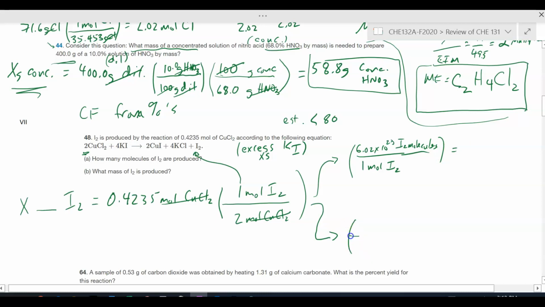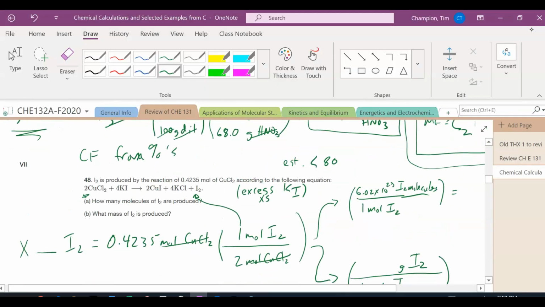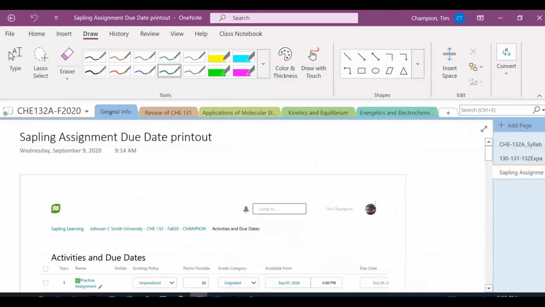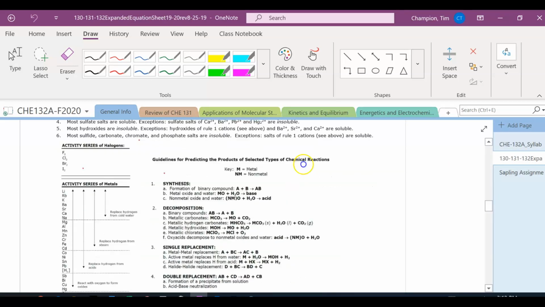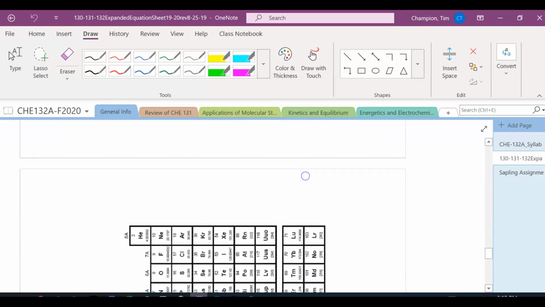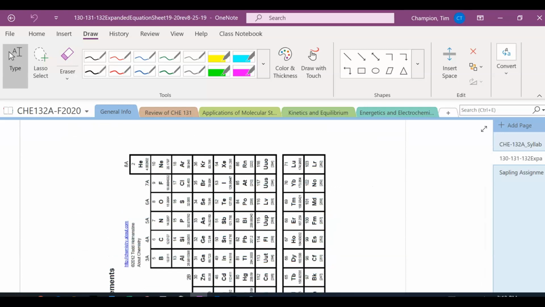Or we could say that 1 mole of I2 is going to be how many grams of I2. I don't have a periodic table laying around right here. Let's just go back over here. I'm going to look back in the General Info tab. And on this, I can go down here and see the periodic table, which is sideways, unfortunately.